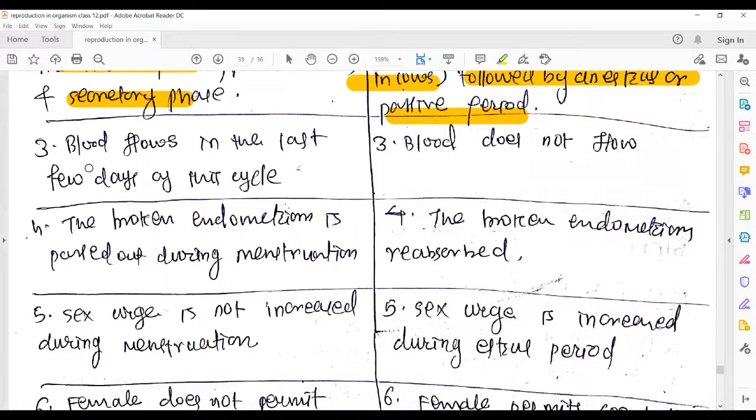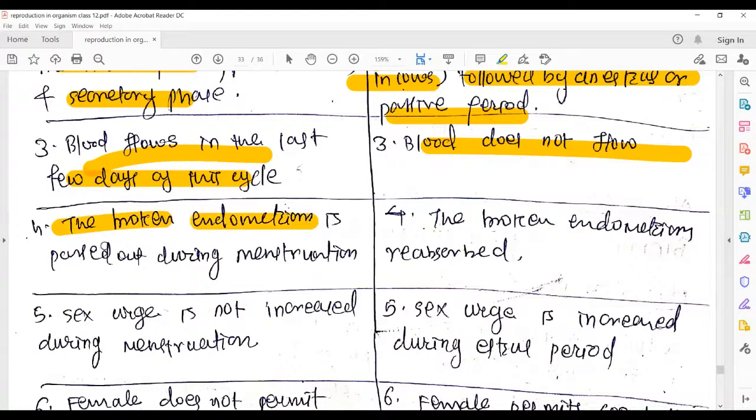Now, there is blood flow in the last few days of the menstrual cycle, around 4 to 5 days of a bleeding period, but in the estrus cycle there is no bleeding phase. This is a very important statement. Next, the broken endometrium is passed out during menstruation. The endometrium is the inner membrane of the uterus.